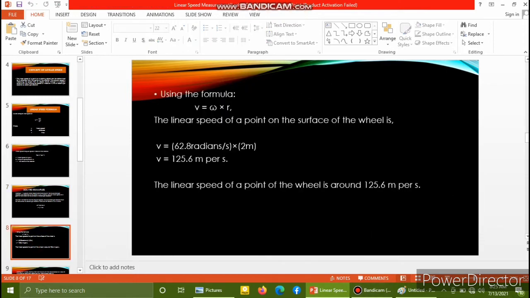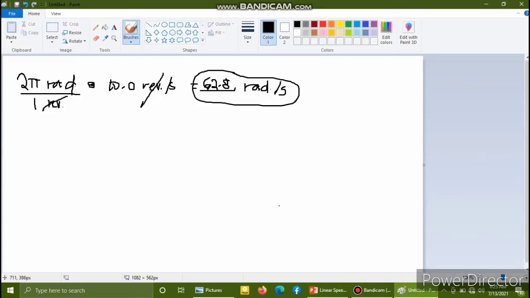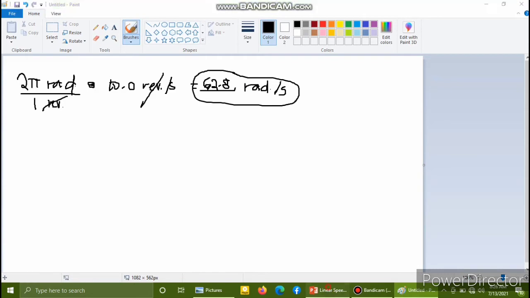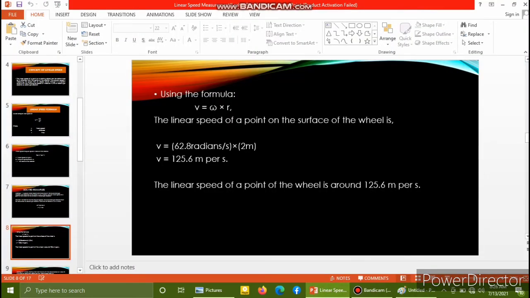This is the formula: velocity or linear speed is equal to the angular speed times the radius. This is our angular speed, 62.8 radians per second, times the radius, which is 2 meters.